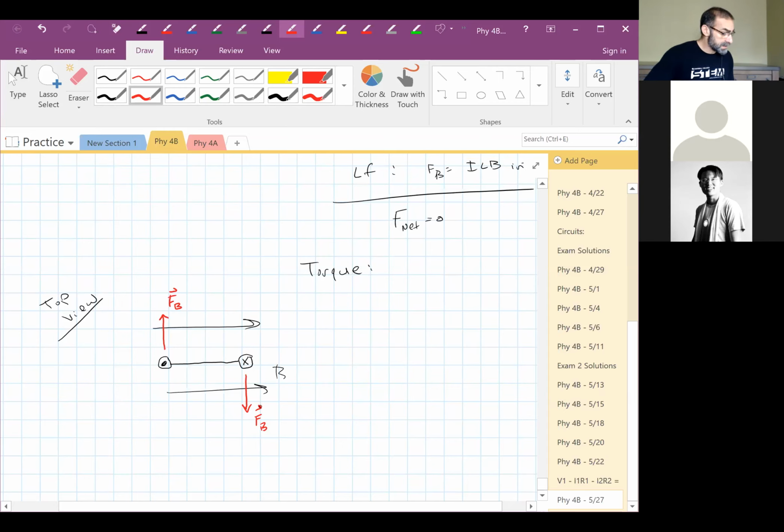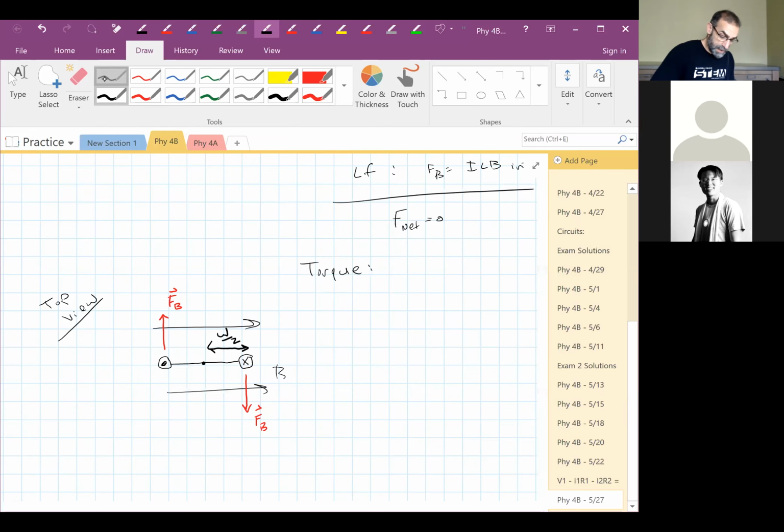And it's rotating about its center point, right? And so this distance is half of the total width, W over 2.